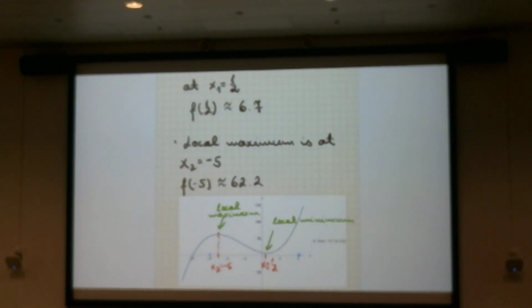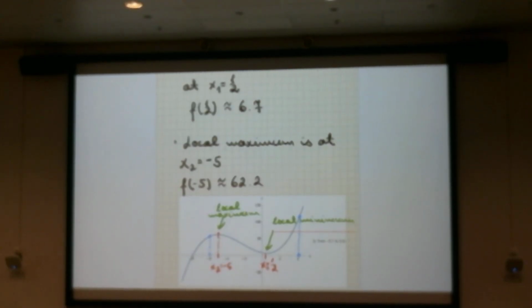So when the function is at 4, it's right here. It's around 100. According to this graph, it's a bit more than 100. At minus 6, it's somewhere here. So it's still smaller than 62.